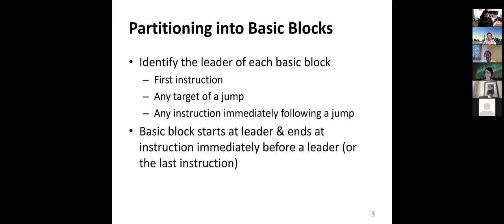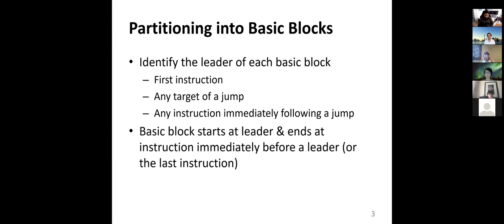You start with plain code that has all the usual statements. It has branches. It has goto operators. The first step we do is identify the leader of each basic block. The leaders can be the first instruction, any target of a jump, and any instruction immediately following a jump that is not unconditional.